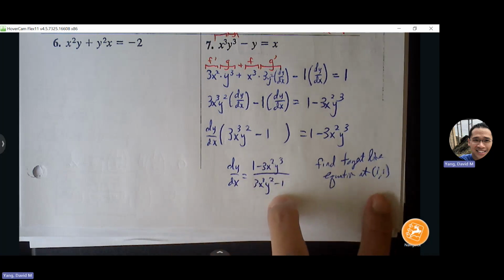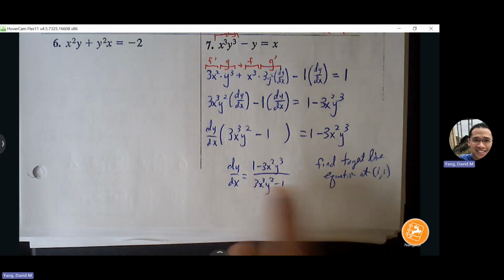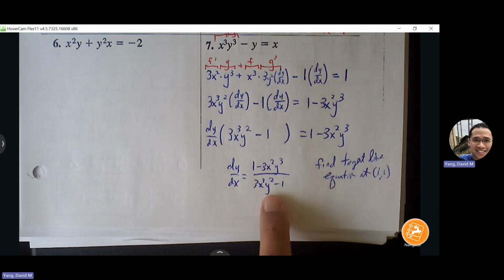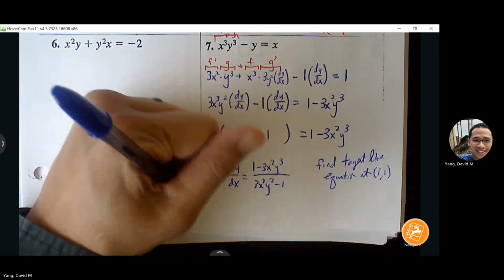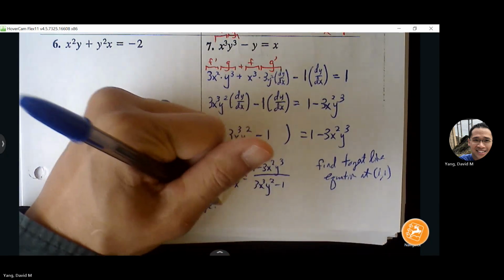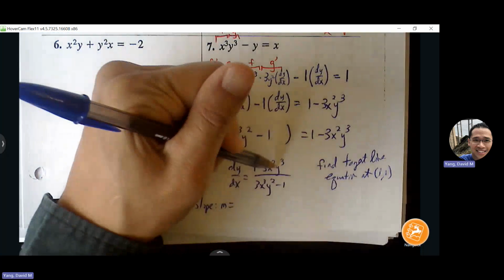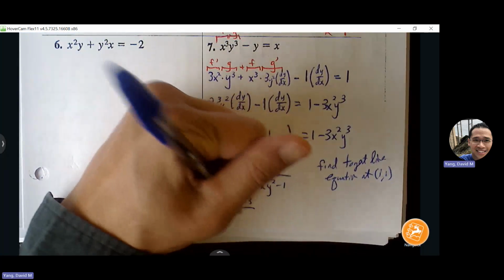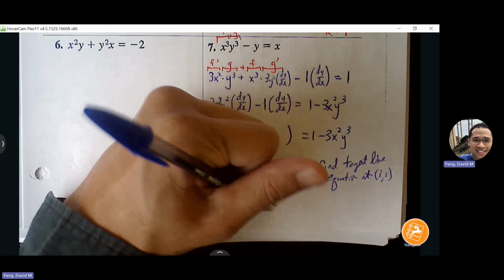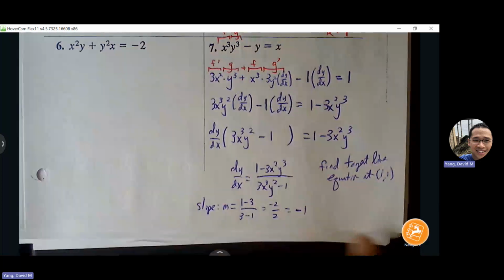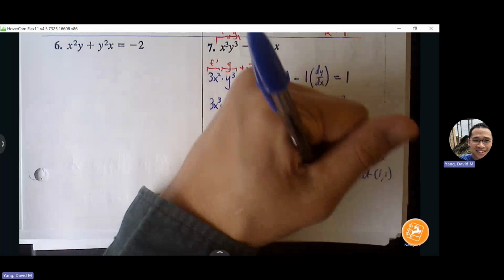Yep, and then point slope form. Yep, exactly. So as messy as this looks, I want you to keep in mind that this is just a slope formula. This is just a derivative equation. You give it information, it spits back a number, and that number is the slope, just like how we've been doing f primes in the past. And so if I plug in 1 for x, I get 1 minus 3 over 3 minus 1, which is negative 2 over 2, which is negative 1. I have my ordered pair, I have my slope, point slope form.